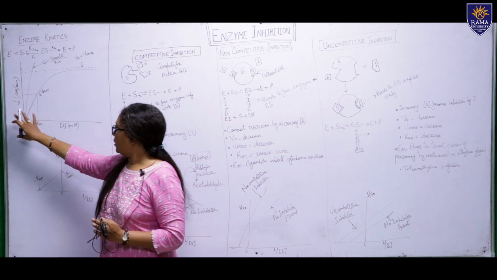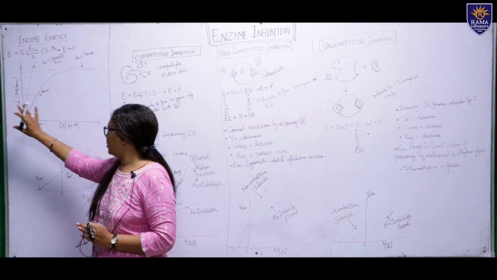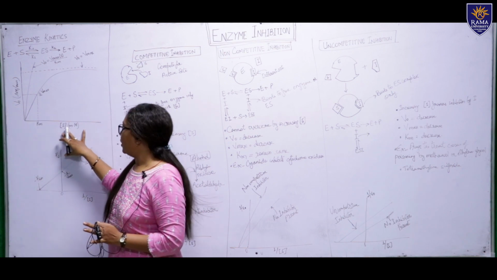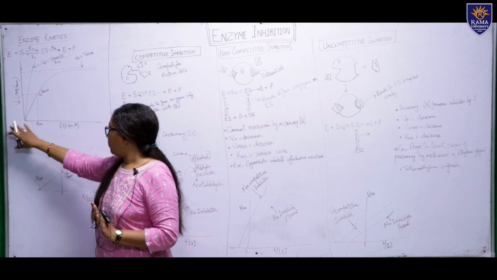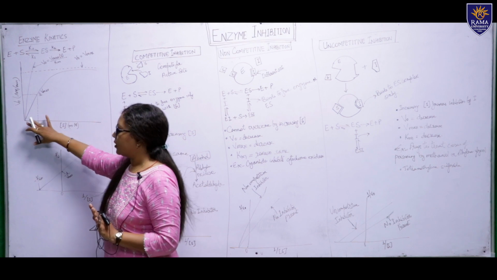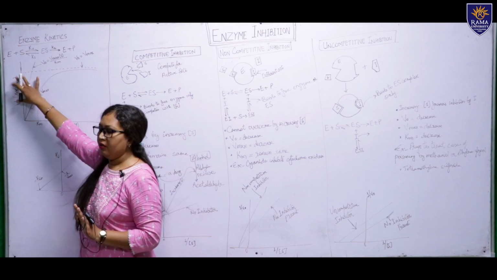So here we can measure the velocity of the biochemical reaction with respect to the substrate concentration. We can observe with respect to time how much substrate is getting converted, disappearing, and we will record the velocity.